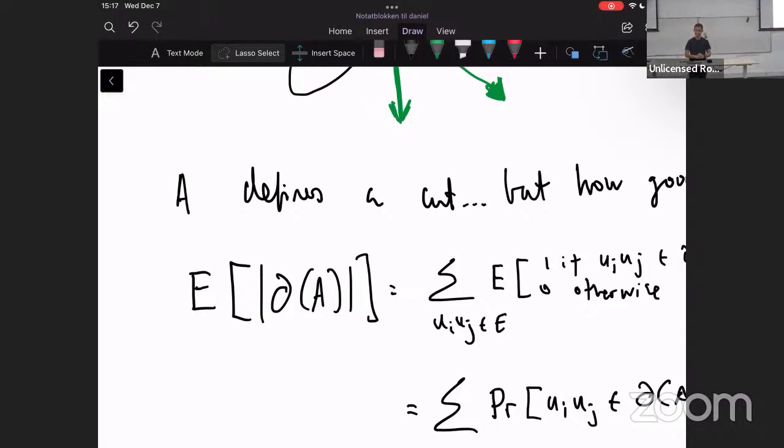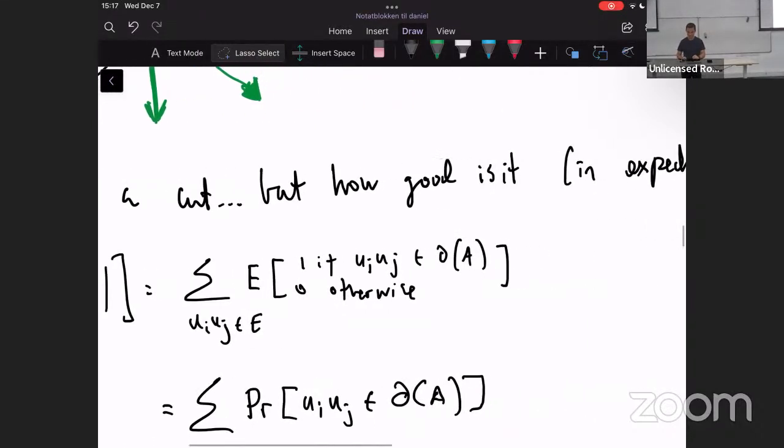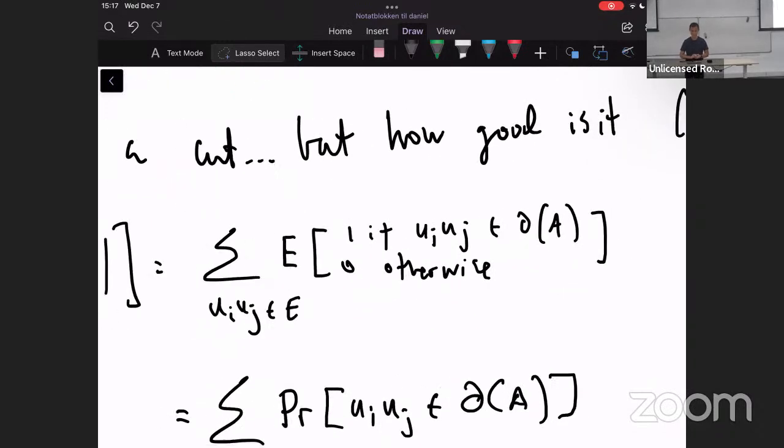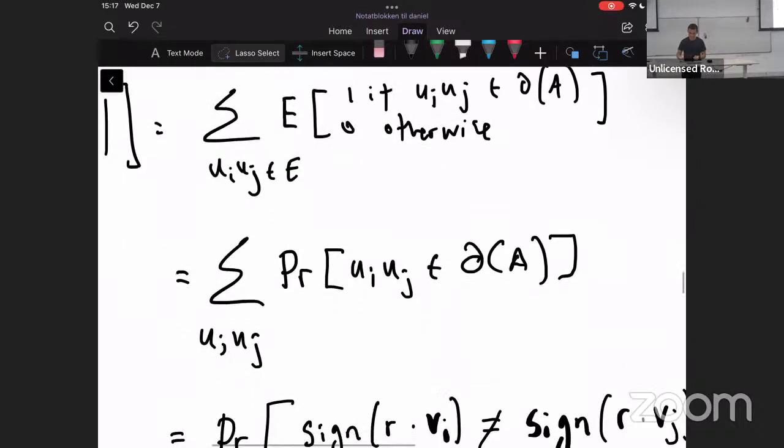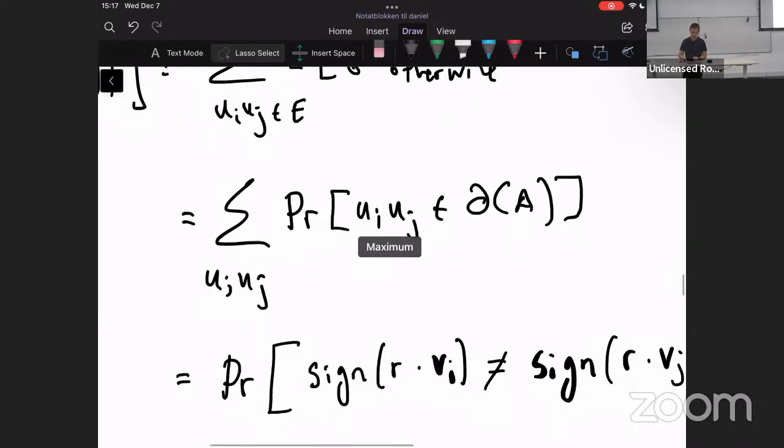Well, it is the sum over all edges in the graph of 1 if the edge is in the cut and 0 if it's not in the cut. So that is just the sum over all edges of the probability that that edge is in the cut. So all that's left to analyze is, for every edge, what's the probability that that edge is in the cut?